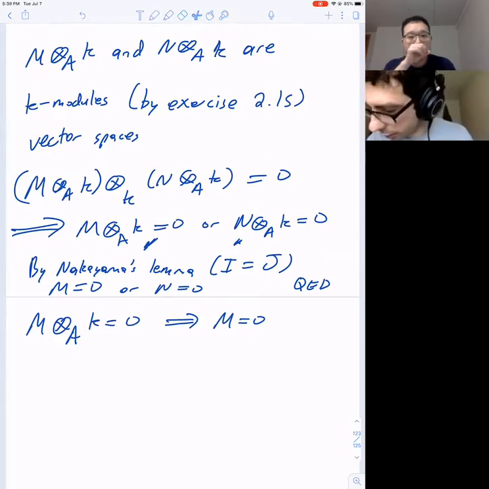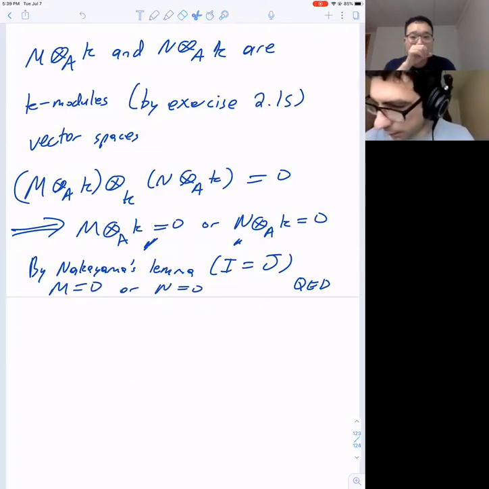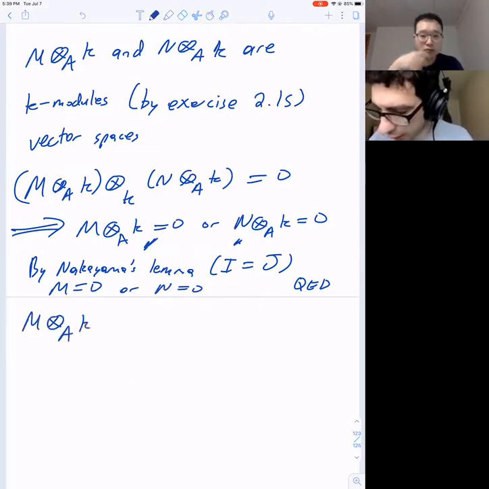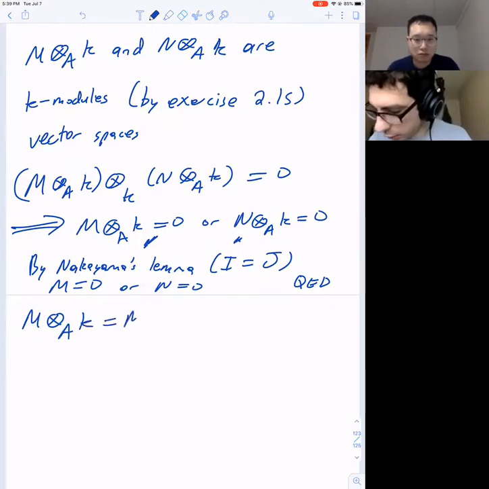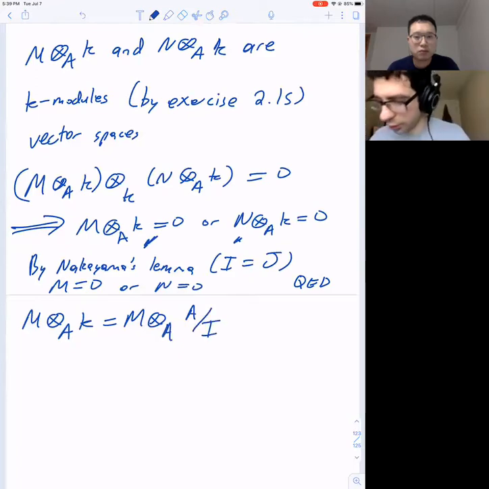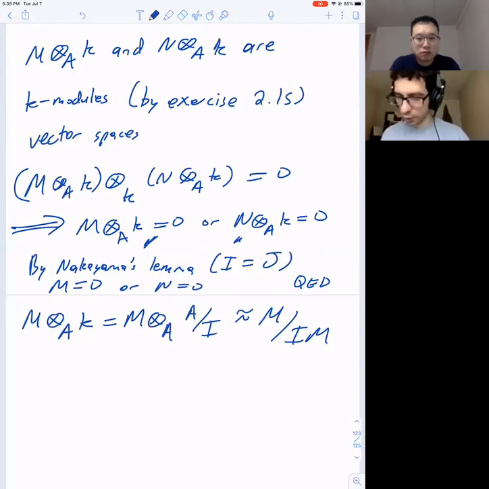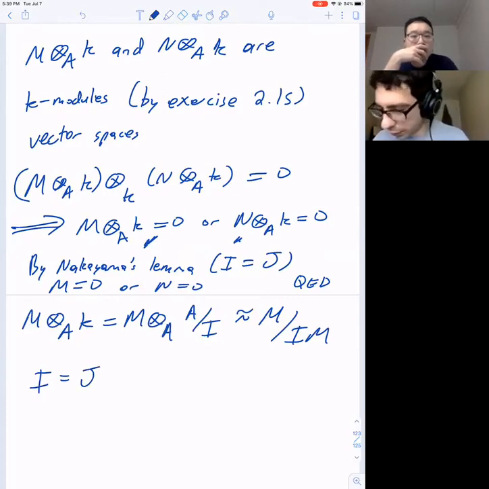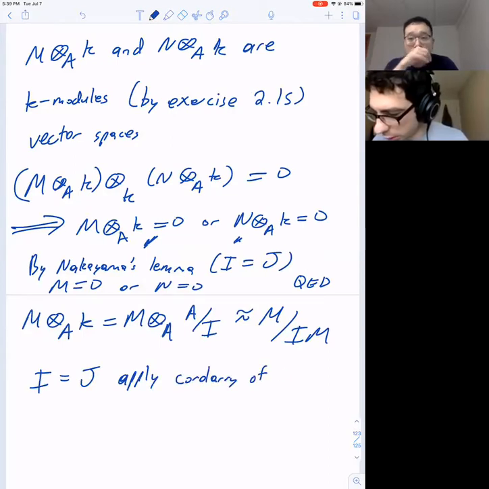Remember, M tensor A K is equal to M tensor A of, remember, K is just this. And then that is just M mod IM, right? Now I can see, I got it. Yeah, and so I is just a Jacobson radical, and then you can actually apply. Actually, it could just be the corollary of Nakayama's lemma.